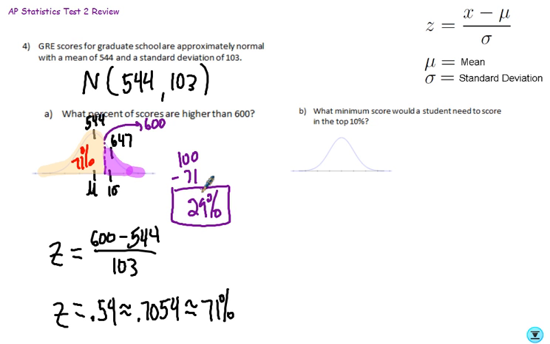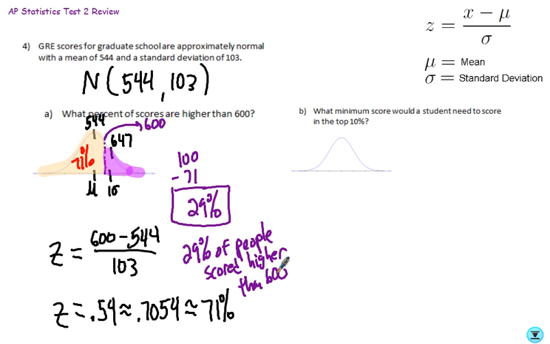So let's do a quick write-up: 29% of people scored higher than 600.